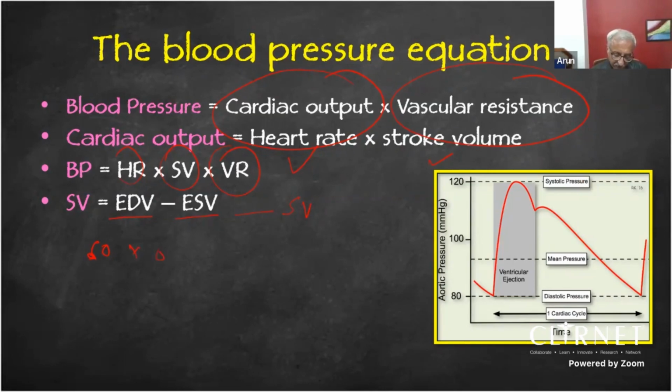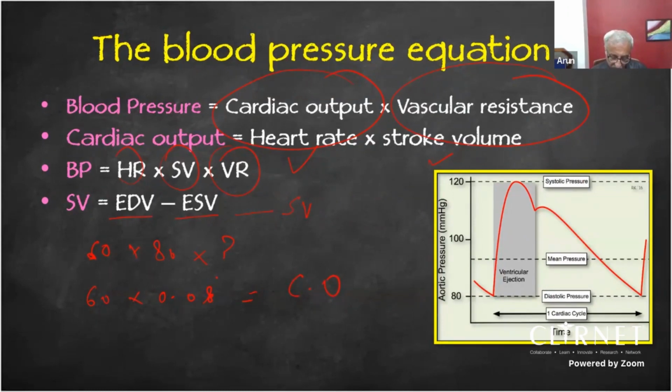Suppose we take 80 milliliters, and vascular resistance we see later on. So this means 60 into 0.08 is equal to your cardiac output, because heart rate and stroke volume give your cardiac output.